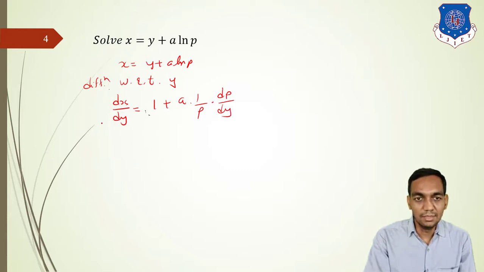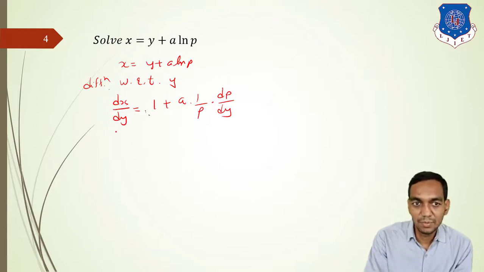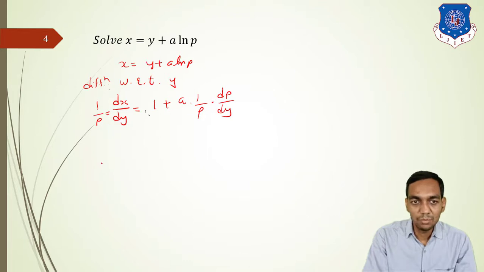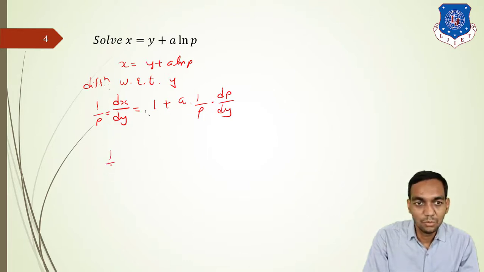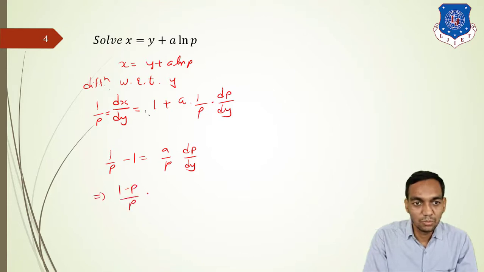But here you have dx by dy, that is nothing but 1 upon p. So I am going to write this in the form 1 upon p minus 1 is equal to a upon p dp by dy, and that will give you 1 minus p upon p is equal to a upon p dp by dy. So p will be cancelled out, and we write it in variable separable form.